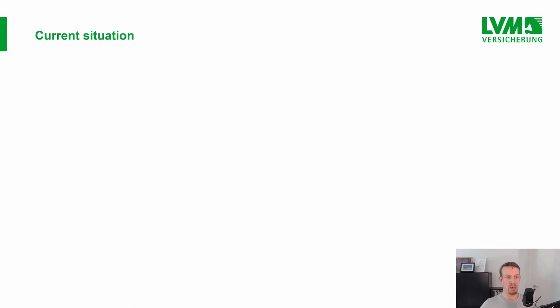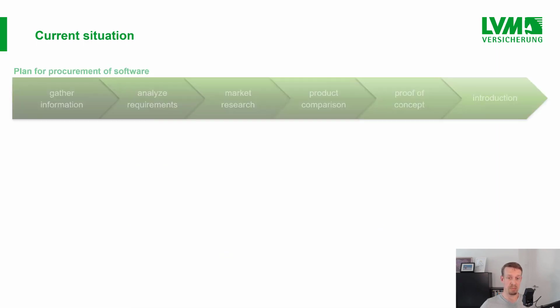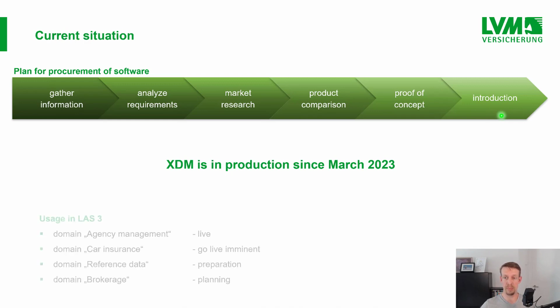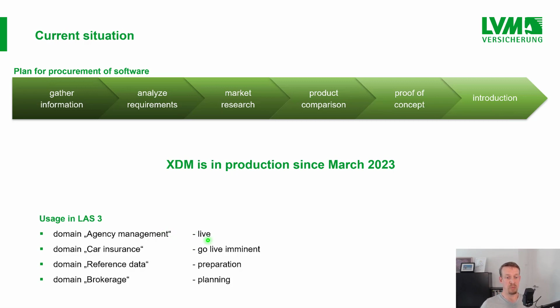The current situation looks as follows. As said, we are already introducing XDM, so we are at the end of our plan here. XDM has been running in production since March 2023. The domain agency management is already up and running.